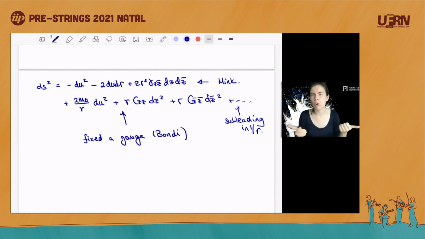So this means there's no longitudinal component of the metric along the radial direction. It's the statement that radiation propagates outwards. And the other condition was on the transverse part of the metric, g_AB on the sphere.